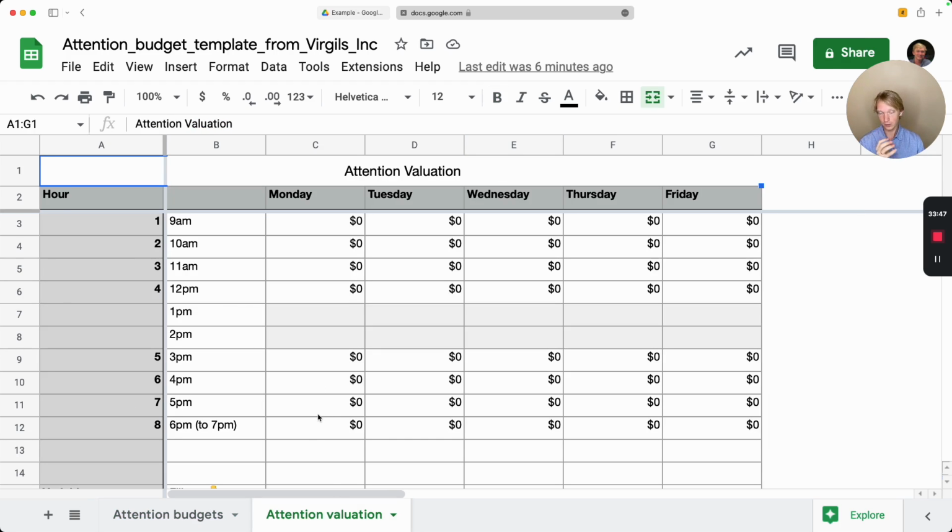And now we're going to start putting dollar values on your attention. Huge caveat with this, which is that human attention is really on some level priceless.